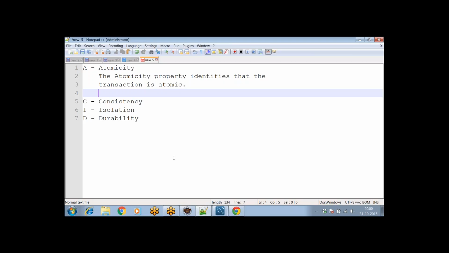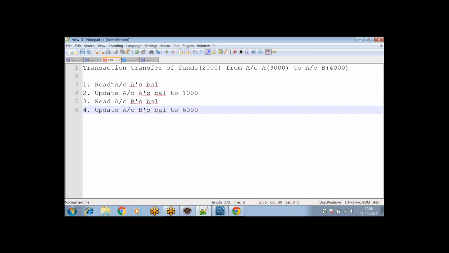A transaction should always be treated as atomic, which cannot be further divided. You have a set of operations in the transaction, for example. You cannot execute these operations by dividing them. Let's say first two operations you execute now, and the next two operations later. It is not possible.